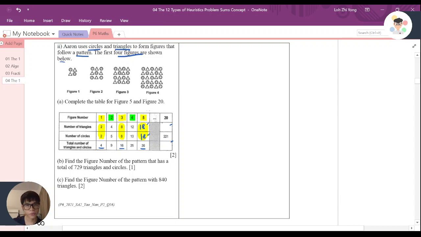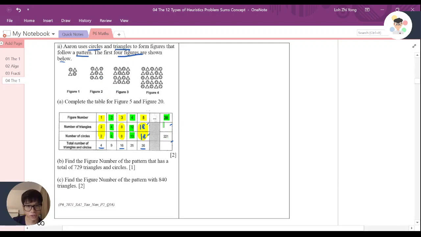Now, how about this one? I'm not sure how this is now. For 20, again, I know that 20 is an even number. So I need to recognize a pattern by comparing the even numbers. Look at here. 4, 5, 12, 13. So you know that 4 plus 1 equals 5, 12 plus 1 equals 13.